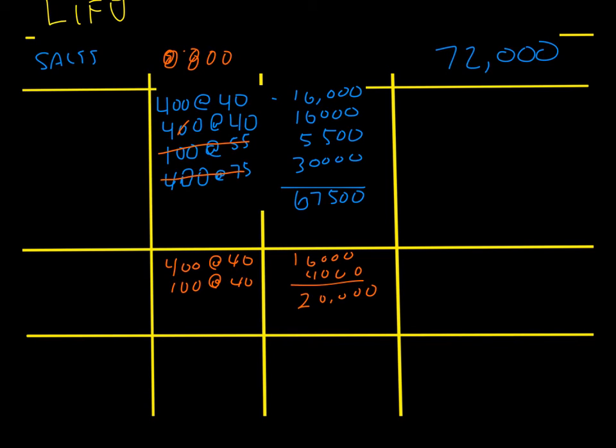So our cost of sales is simply taking the total inventory cost that we've calculated here minus our ending inventory cost. That is going to equal 47,500. Okay, so this is cost of sales.